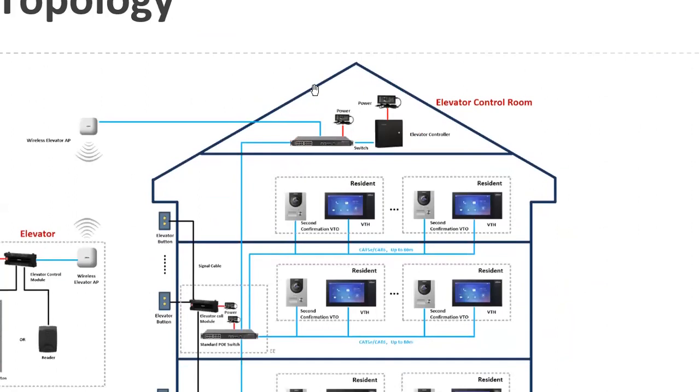This side here is the individual apartments. You have one indoor screen in one of the houses, and at the same time a second confirmation outside of the house. At each door you have something like this, so that when someone presses this button, it is confirmed that it is the same person who comes to that house.